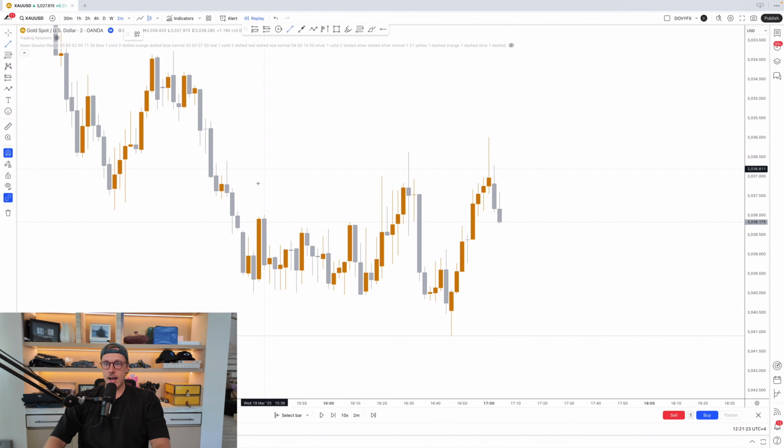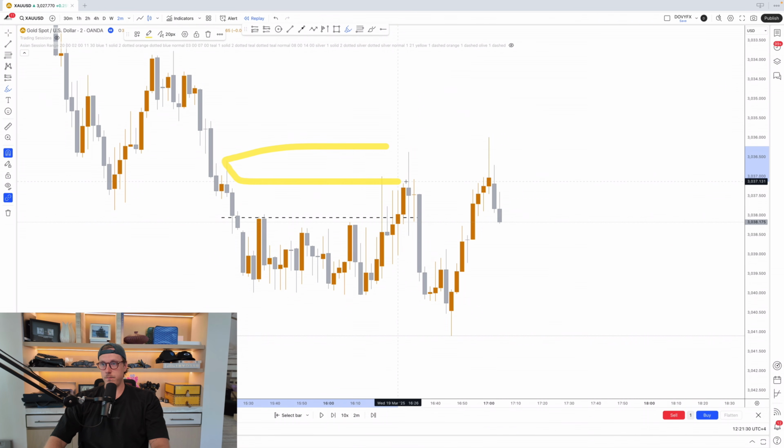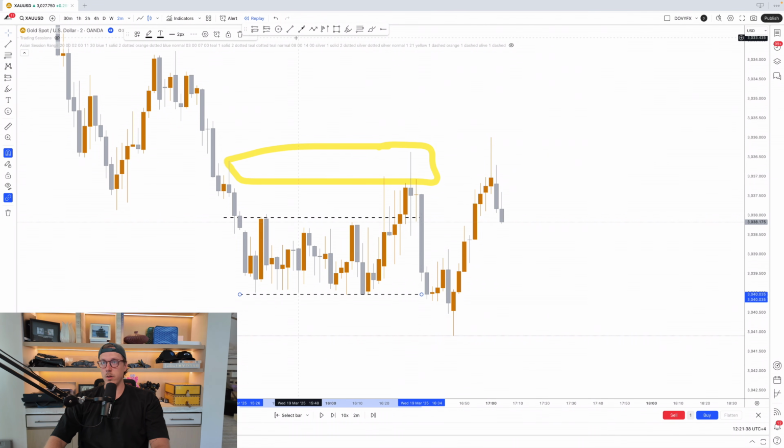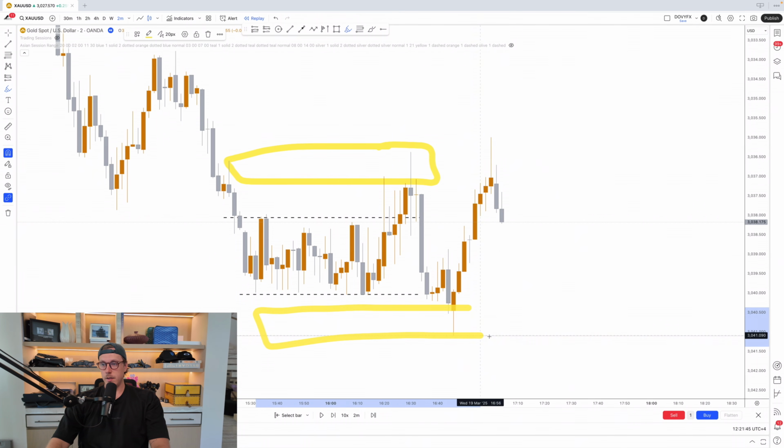To begin with, we have the range. We have the equal highs, okay? Which means there's a lot of liquidity laying above, okay? Now, we have a series of equal lows, which means a lot of liquidity is laying below as well. So here's our equal lows. The liquidity lays below.